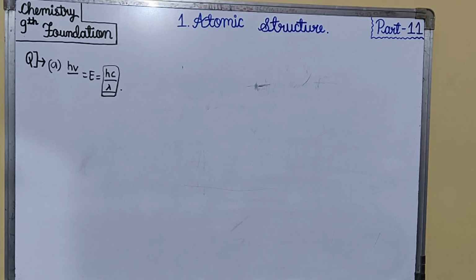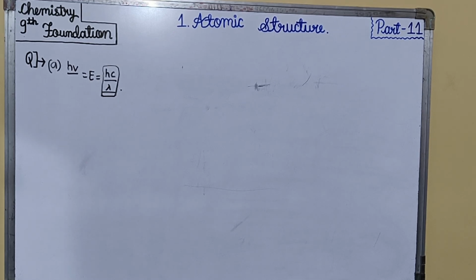So velocity of wave upon wavelength of wave is equal to c upon lambda. Velocity of wave is equal to velocity of light, that is equal to c. So E is equal to hv is equal to hc upon lambda.